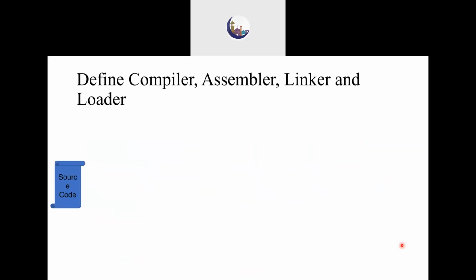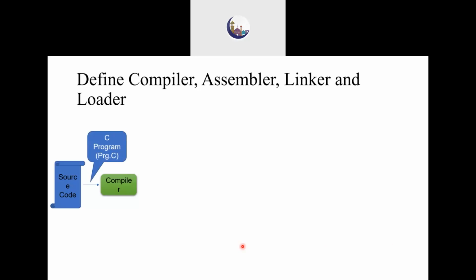We have our basic source code, which is plain English language code. Usually, this source code cannot be understood by the computer, so it needs software which will translate it into machine language. That software is called a compiler.